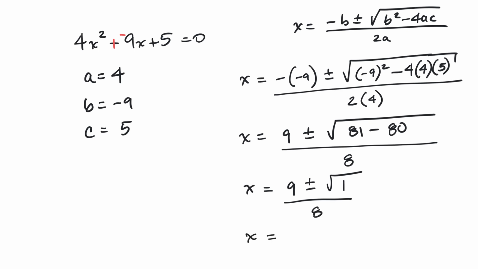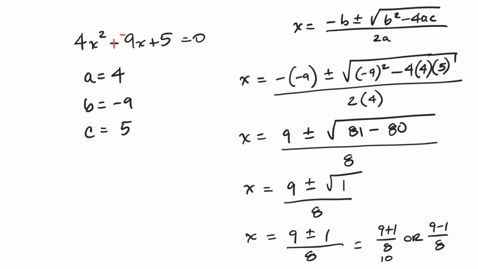The square root of 1 is just 1, so this is 9 plus or minus 1 over 8. And so what we get is 9 plus 1 over 8, or 9 minus 1 over 8.